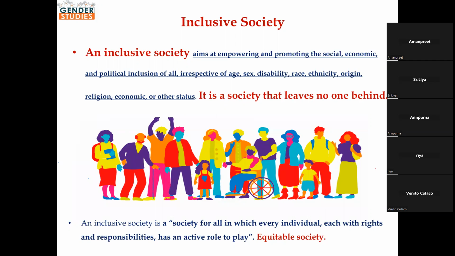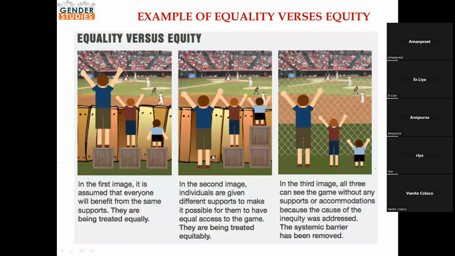Equitable society, right? Equitable, meaning you can see the last lecture, I talked about equality and equity, right? You can see in this picture, right? Even in the last lecture, I showed that picture about equality and equity.